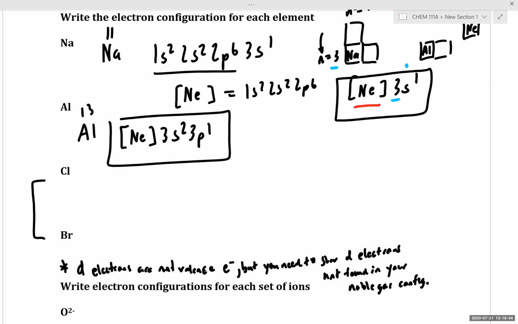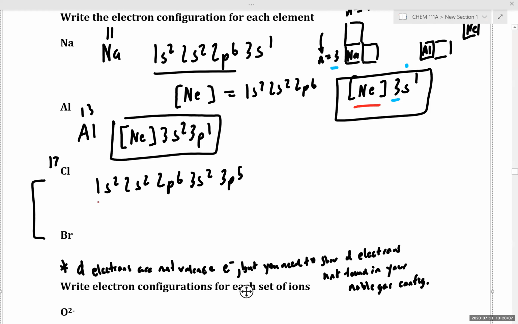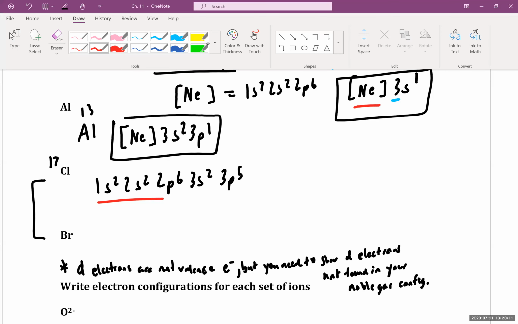Okay, so let's discuss this example. So if we look at chlorine, chlorine has 17 electrons, so the long form configuration would be 1s2, 2s2, 2p6, 3s2, 3p5. So we can abbreviate our core electrons as neon.